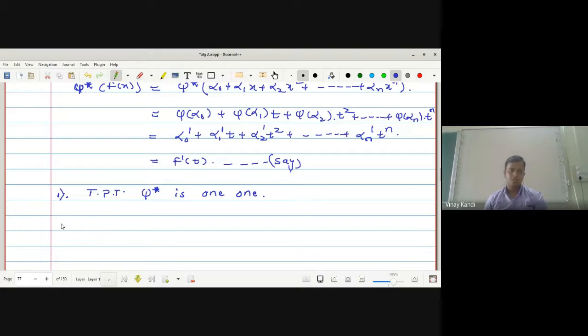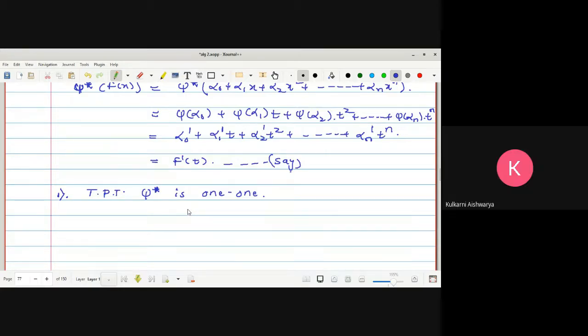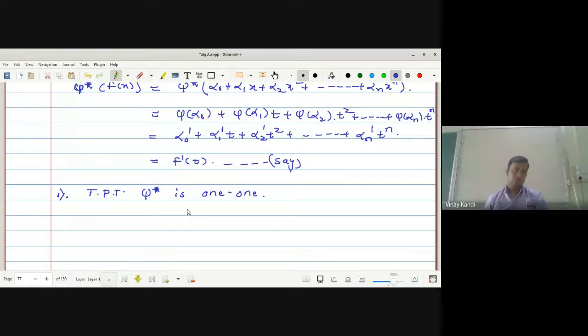What is the method to prove one-oneness? How are we going to prove one-oneness? How do we prove that a mapping is one-one? Same element having same image, that was for well-defined. Same elements have same images.